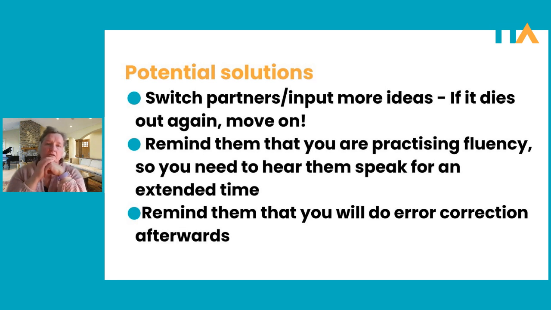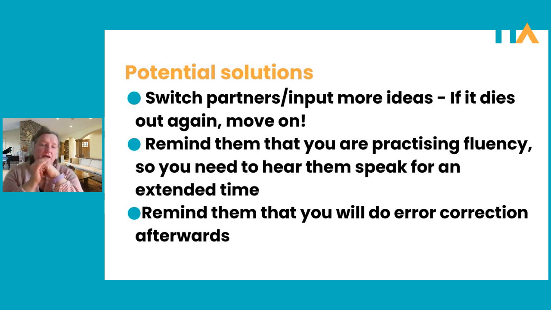And then here are some further solutions. You can switch partners. Every time we go into a breakout room on Zoom, for example, I always mix up the groups, right? And that way they get to talk to different ones. And then just tell them this time the focus is fluency.